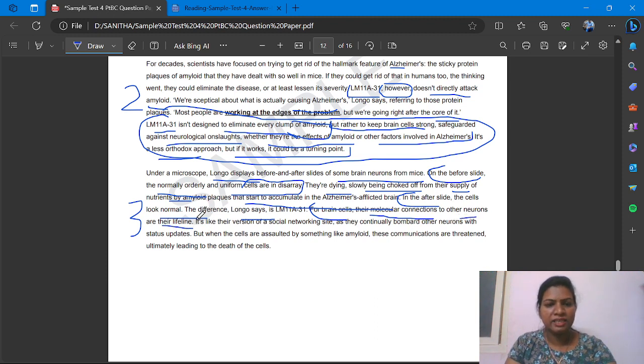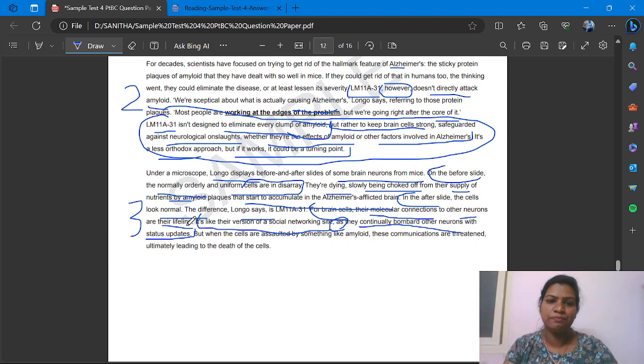It is like their version of a social networking site. See, we got the keyword here, social networking site. As they continually bombard other neurons with status updates. Continually bombard means continually giving updates to other neurons.